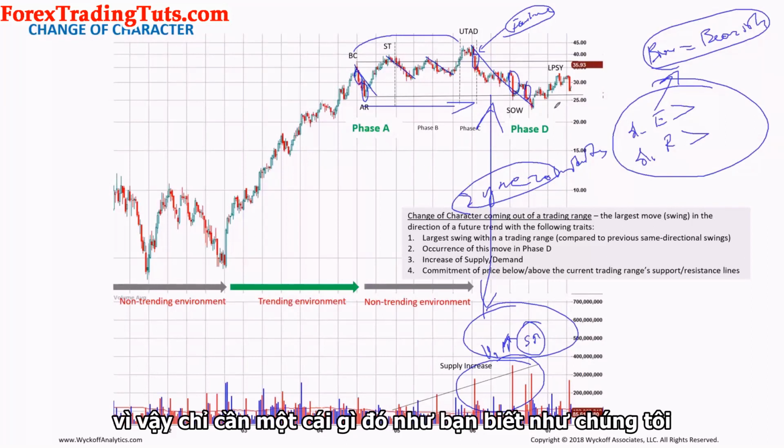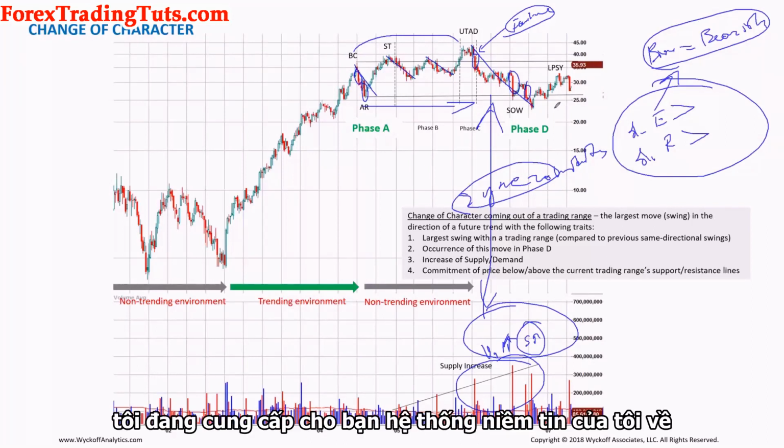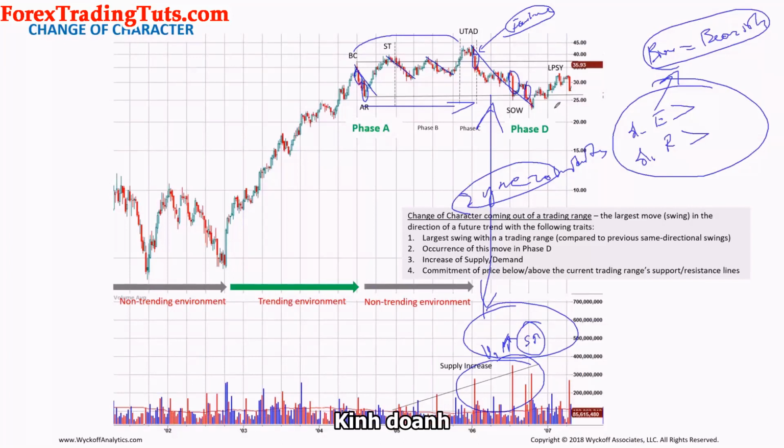So just something, as we go through the material, guys, I'm giving you my belief systems about trading and about money as well. And you should make those notes somewhere. And just in general, a piece of advice for those of you who are seriously studying this course, for those of you who are going to be spending hours on homework, I'm going to push you a little bit more.